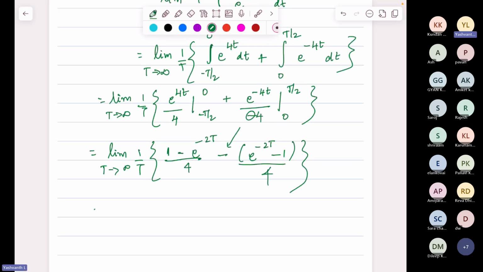Now this is the same as the limit as T tends to infinity of 1 by T times 1 by 4 plus 1 by 4, which is 1 by 2, minus e power minus 2T minus e power minus 2T, which is 2 e power minus 2T, but by 4 is there, so it is minus e power minus 2T by 2.